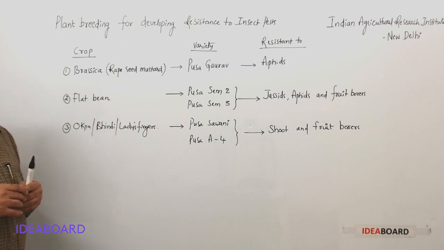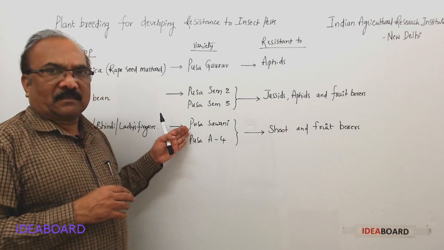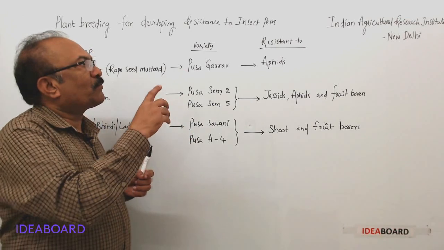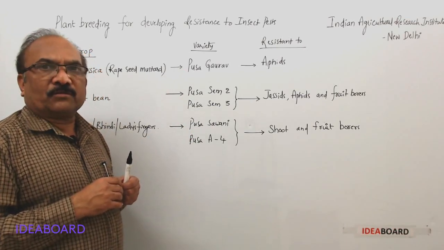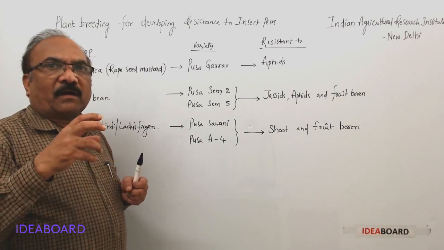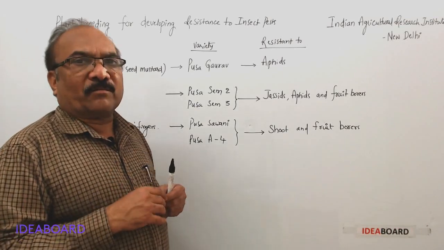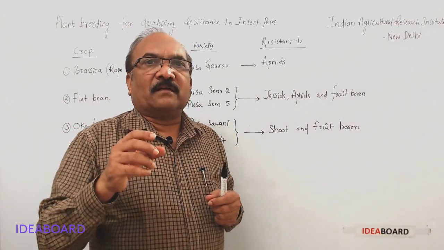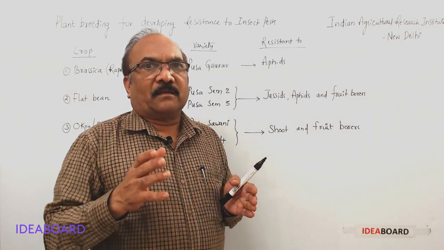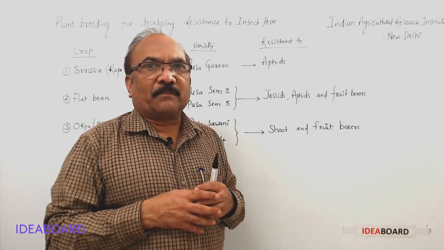And remember one point, that anywhere you find this Pusa as a prefix, that indicates that they are developed by the Indian Agricultural Research Institute, which was actually started under the name Imperial Agriculture Research Institute by the British government in a village called Pusa in North Bihar. But in 1934, due to the earthquake, the building collapsed.